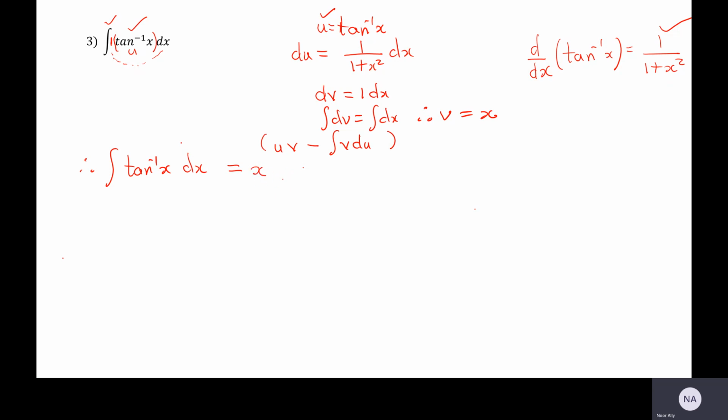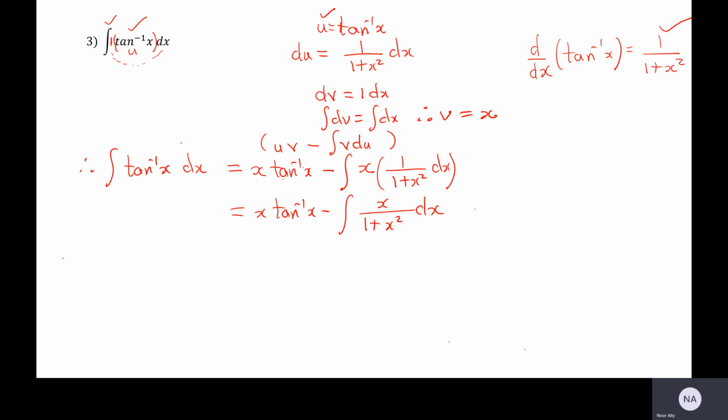So I will just write x arctan x minus integral of v, and what is v? x. And what is du? 1 over 1 plus x squared dx. Let's simplify. x arctan of x minus integral of x over 1 plus x squared dx. Okay, we're almost there, except we need to work that integral out.